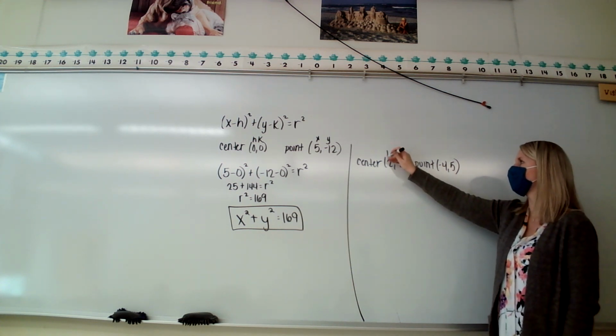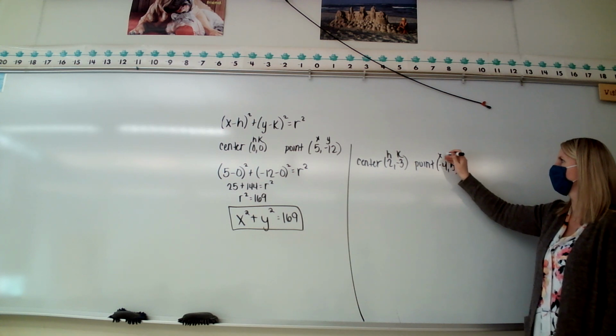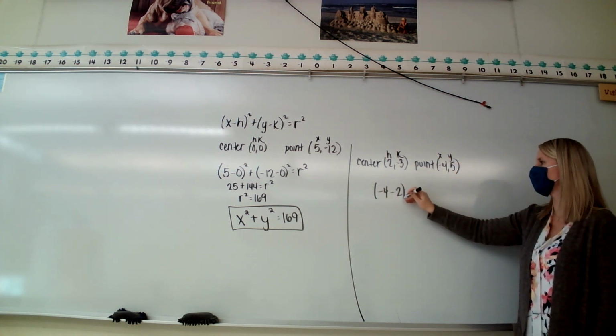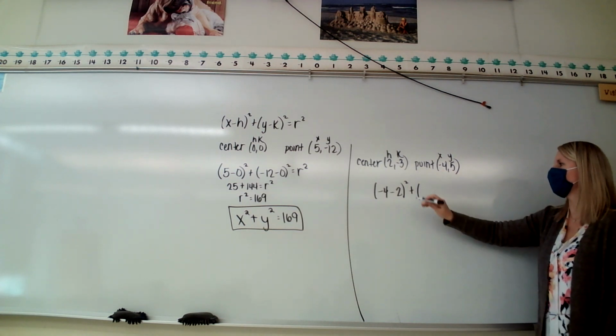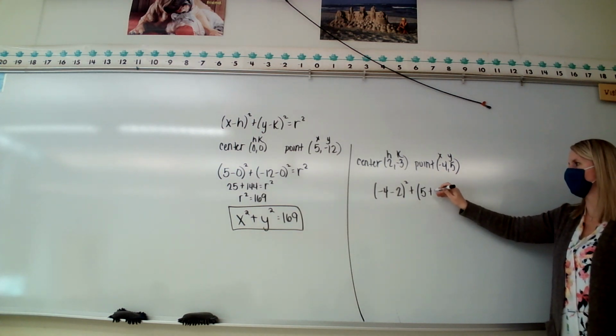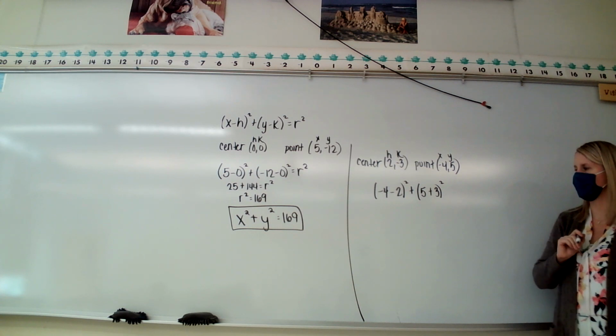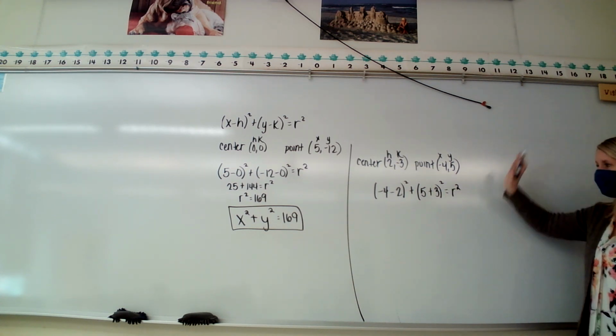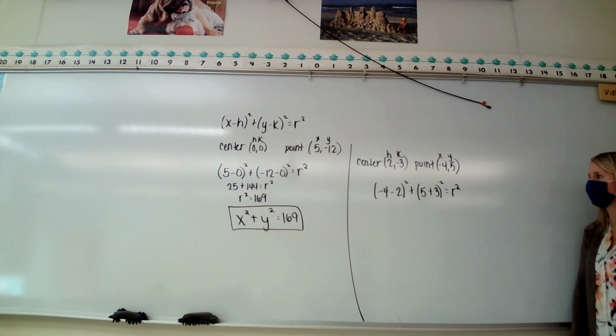So I'm a labeler, so I have h, k, x, y. I start to plug in, so we have x minus h squared plus y minus k squared. I'm going to write that as plus 3, right? Because minus a negative, squared, equals r squared. You can throw that entire side in your calculator, or you can use your head, whatever works for you.